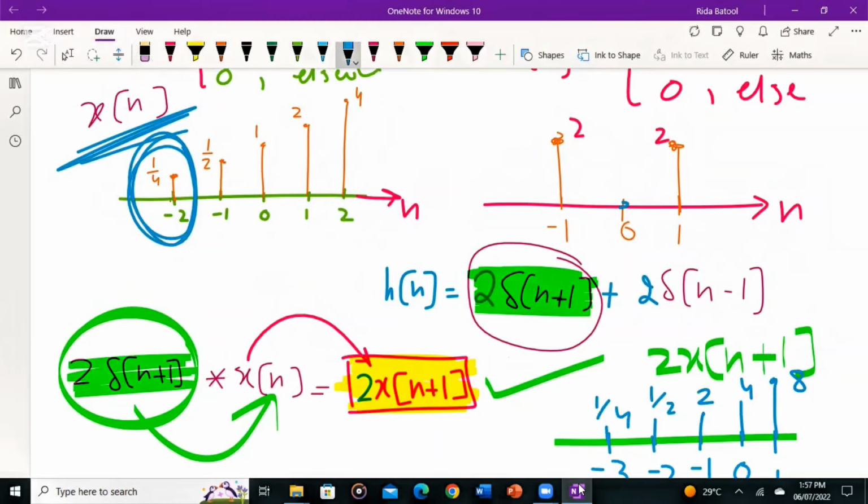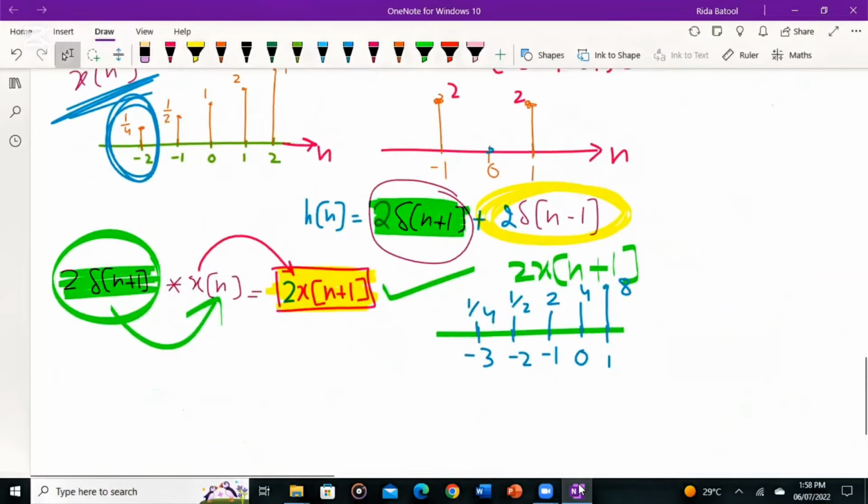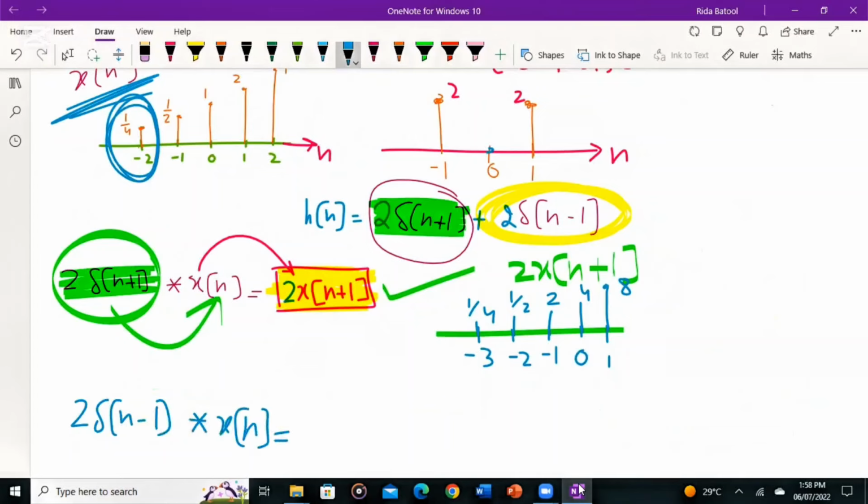Similarly, consider the second impulse, which is 2 delta n minus 1. When you convolve this with the other signal, x of n, what will you get?